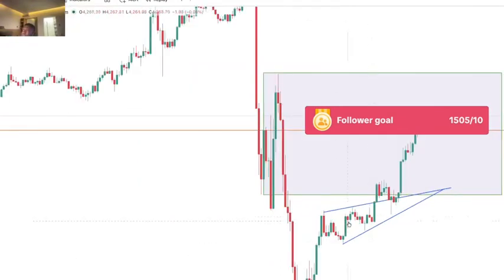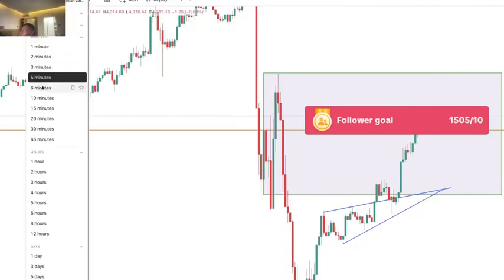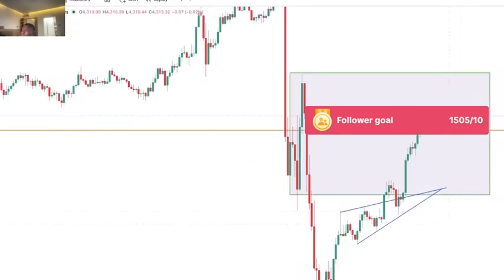I'm still seeing this wedge pattern structure, which means I still need to go higher again. I'm still seeing my wedge pattern structure. So I still need to go higher again to 10 minutes.